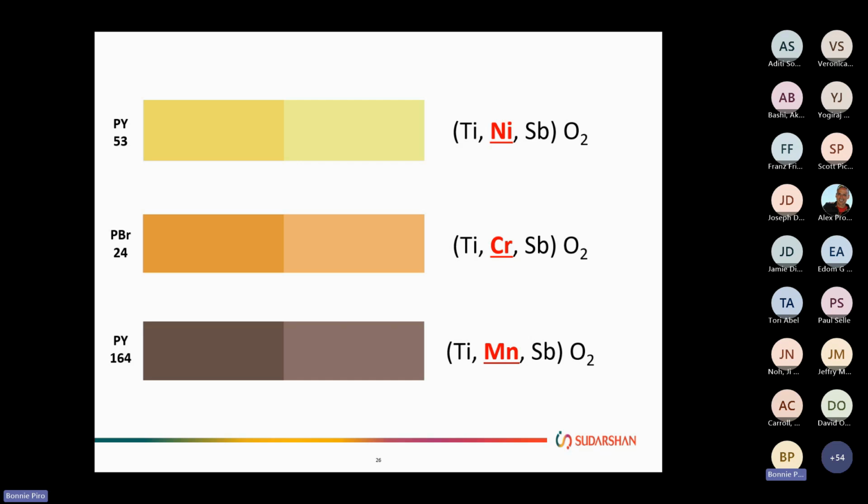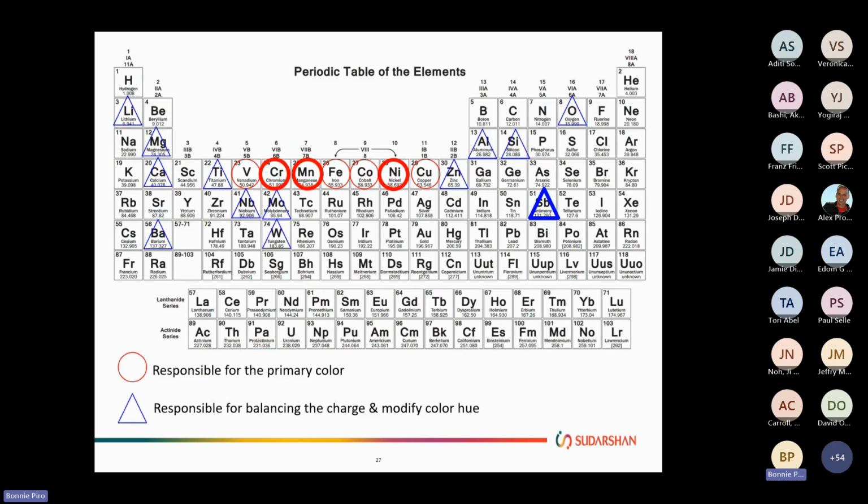And just so we can match that up to the periodic table, you can see how the shading component of the antimony is equal for each of those color indexes, and the primary metal ion is in the bold red circles there, so you can see how that shifts.